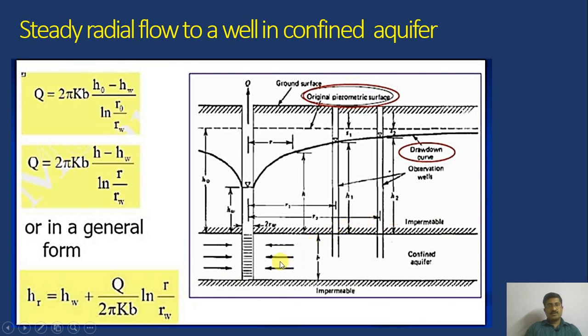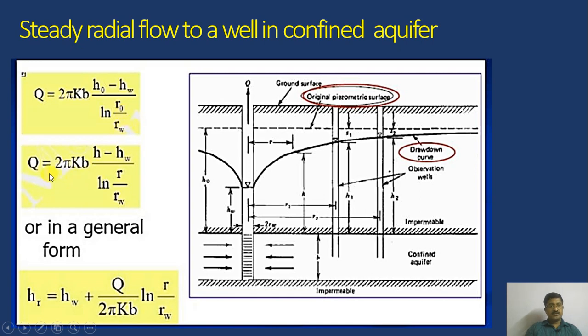Again, coming to the same equation, we have to concentrate on the original piezometric surface and the drawdown curve. The final equation becomes Q is equal to 2 pi kB into H naught minus HW divided by log natural R naught divided by rw.